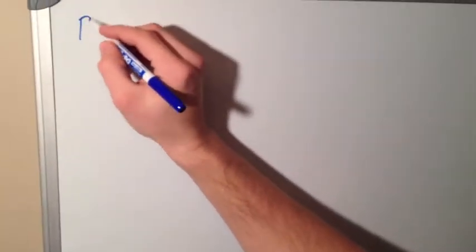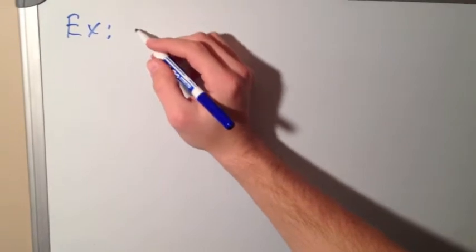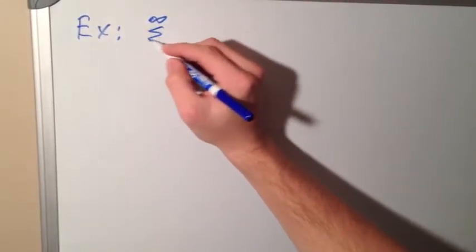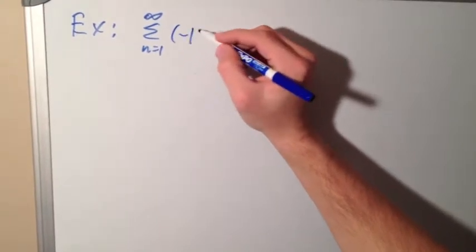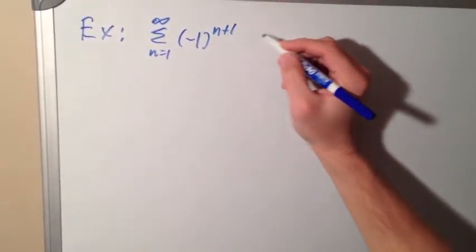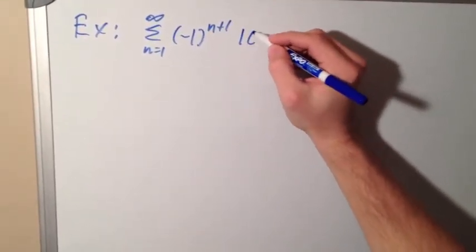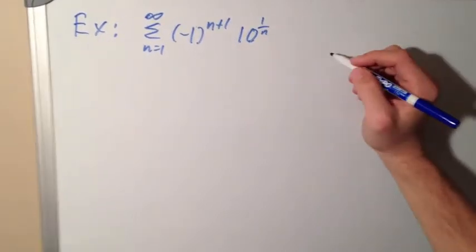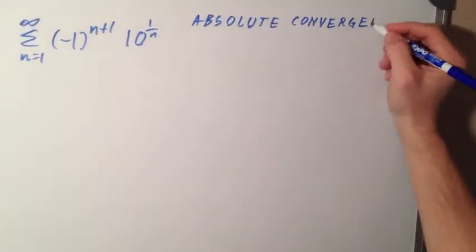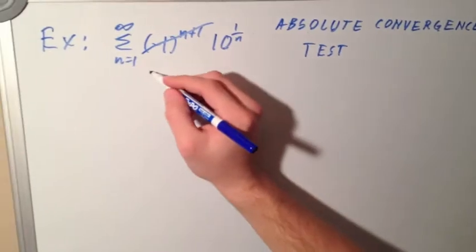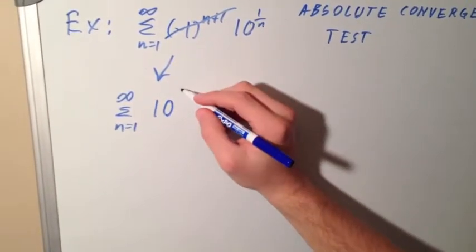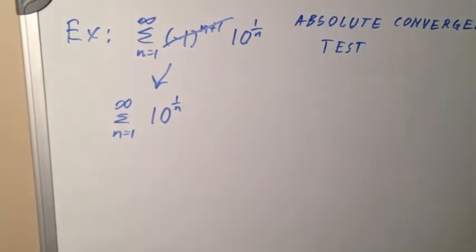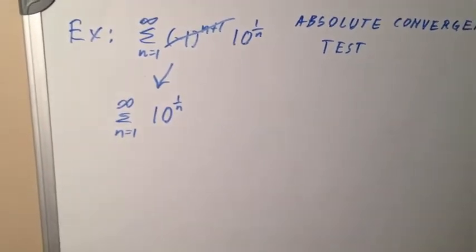For our next example, we'll use the summation of n equals 1 to infinity of negative 1 to the power of n plus 1 times 10 to the power of 1 over n. Again, we'll start with the absolute convergence test. Looking at the absolute value of our series, we have the sum of n equals 1 to infinity of 10 to the power of 1 over n.